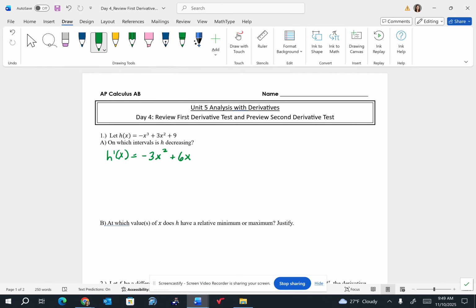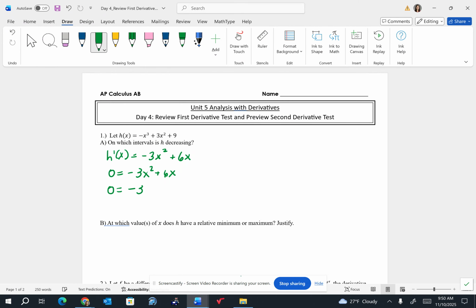To find the critical points, we set the derivative equal to 0, and then we can use our solving strategies like factoring to solve. So in this case, I noticed that there's some greatest common factors that we can take out. We can take out an x because they both have x in common, and we can take out a 3. I'm actually going to take out a negative 3 because I think that'll make some of my solving easier later.